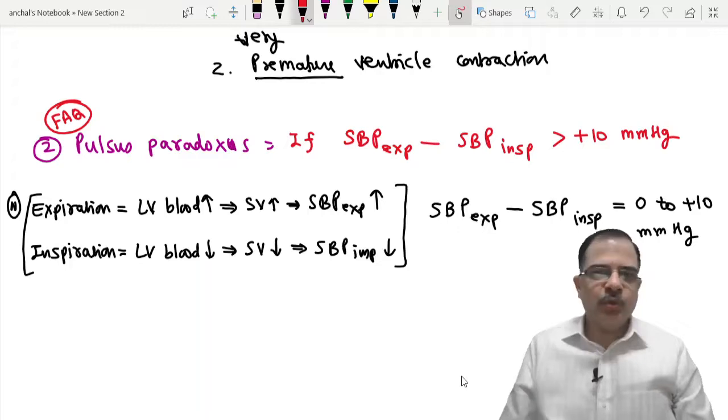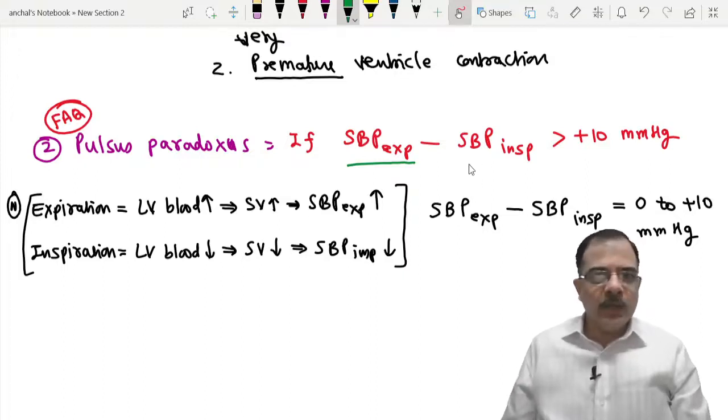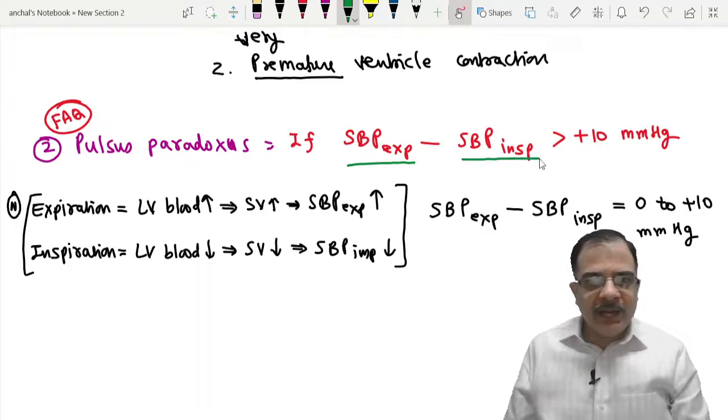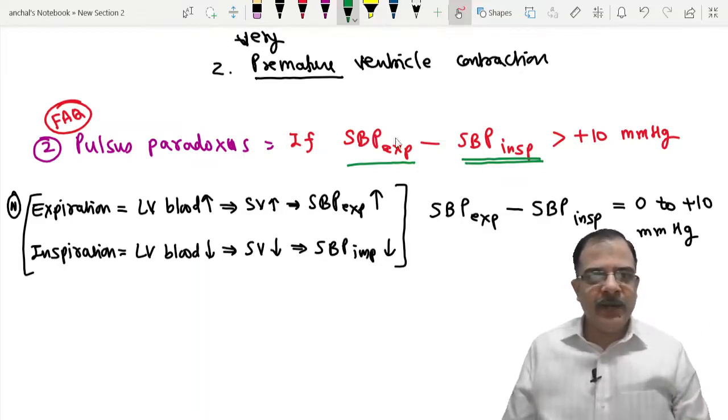The difference will be more than 10 either if the systolic BP during expiration is increasing more than the normal value, or the systolic BP during inspiration is reducing more than the normal value. Those are the two mathematical possibilities.